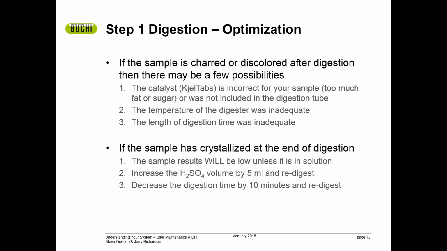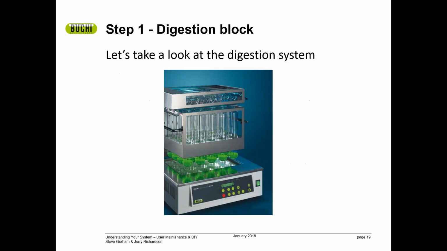The remedy for this is to go back and add 5 more mL of sulfuric acid to each of the digests and redigest the system. Or decrease the digestion time by 10 minutes so that you don't create that crystalline effect.